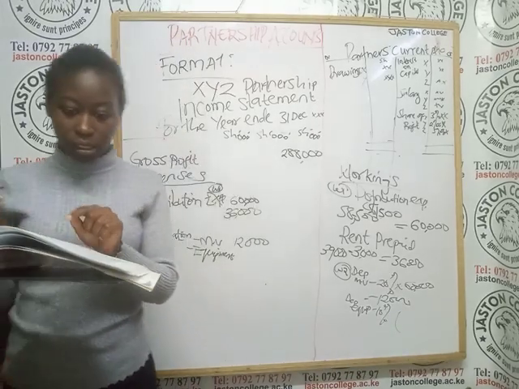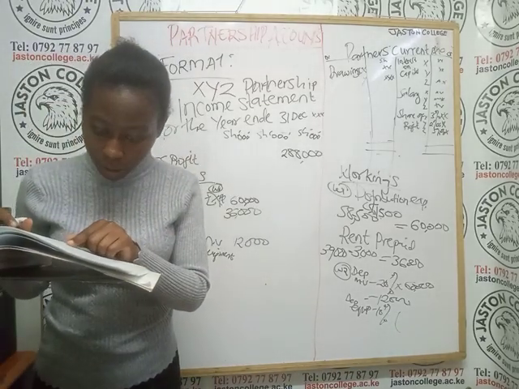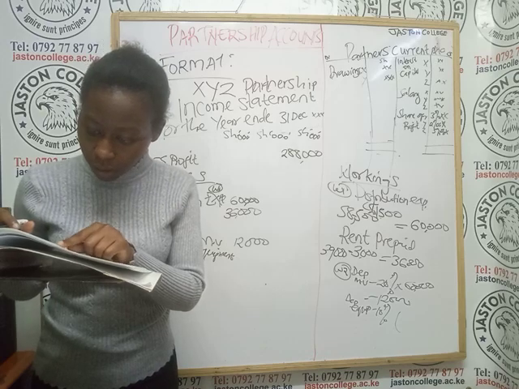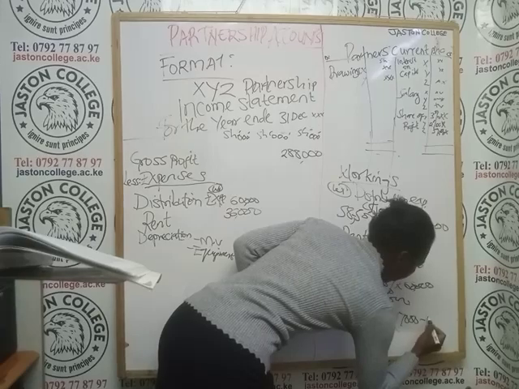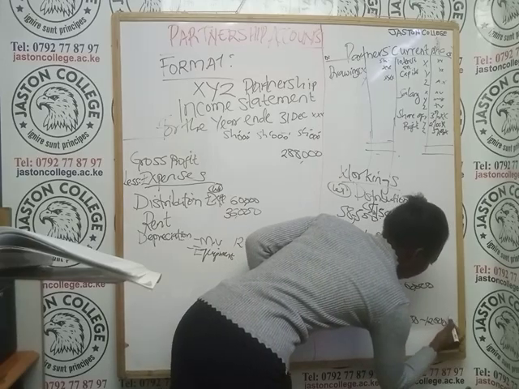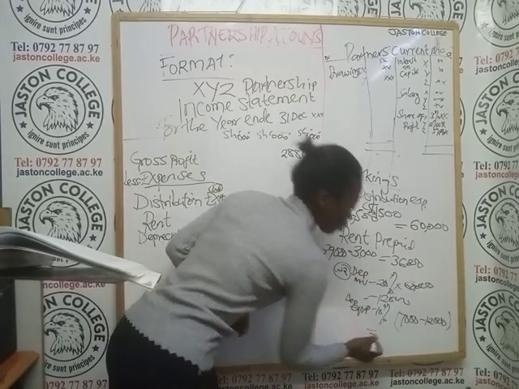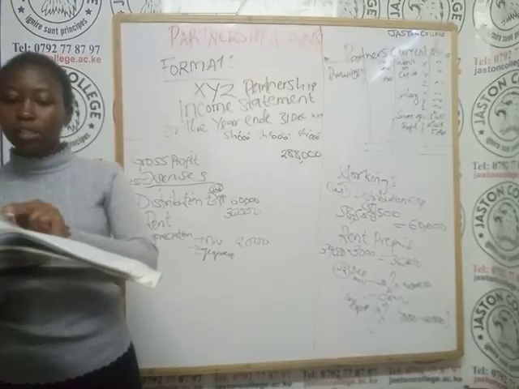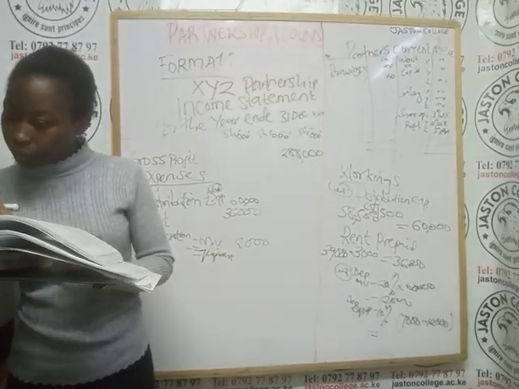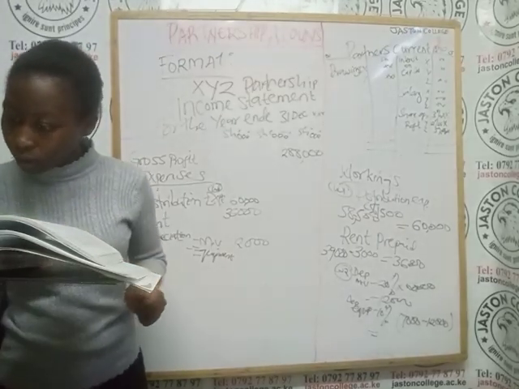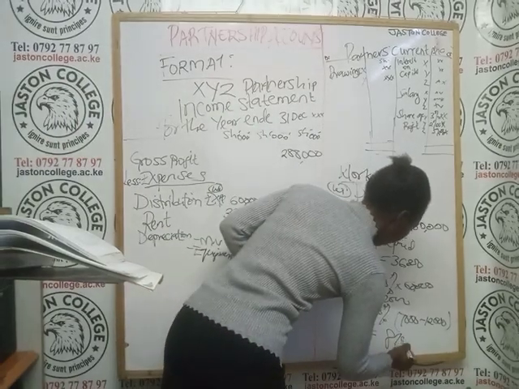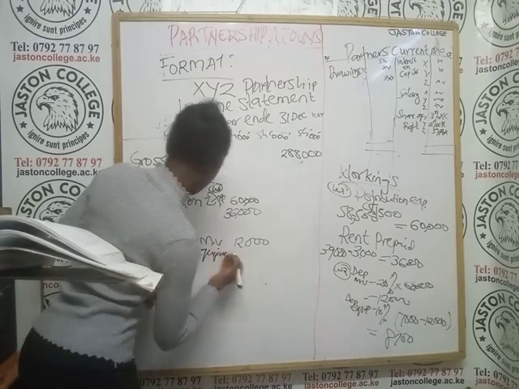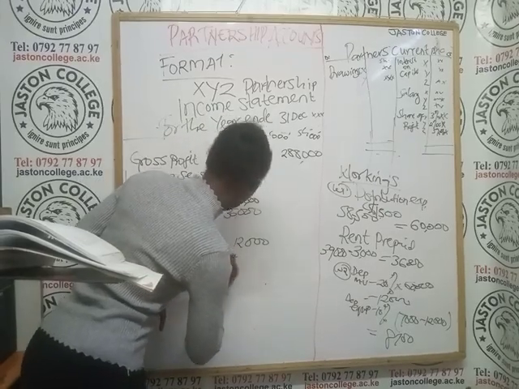Cost of equipment is 90,000, and accumulated depreciation on equipment is 12,000. 90,000 less 12,000. Then we take 10% of this. We will get 8,100, which will be our depreciation on equipment.